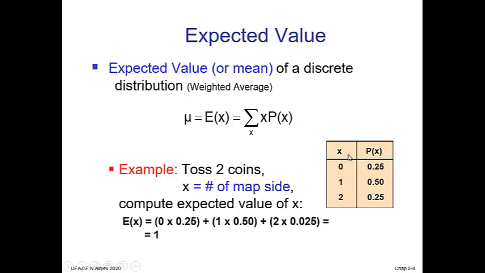You may say, for example, that the average of x without considering its probability is also 1. But look at 0, 1, 2. If you add them up and divide by 3, it's 1. But it is just a coincidence which happens especially for this question.